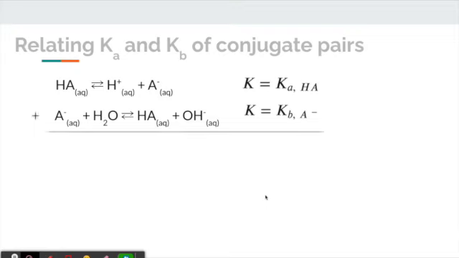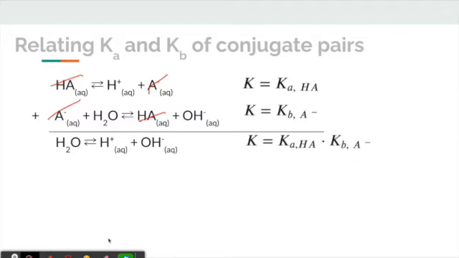Now imagine that we add these together. What do we get? Well, the A minus cancels out on both sides, and the HA cancels out on both sides as well. And what you're left with is water just auto-ionizing. Well, by the rule of multiple equilibria that we learned in the last unit, the K for this reaction, because we added two equations together, is the product of the two Ks for the two reactions that we added together.